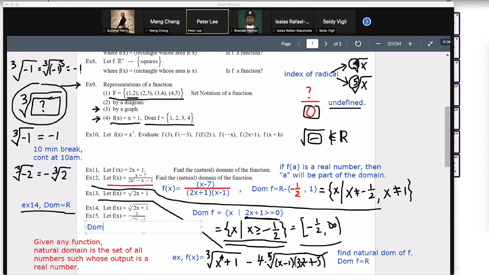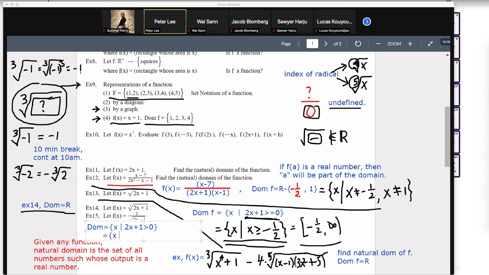The domain is equal to the set of x such that 2x plus 1 must be bigger than 0. Therefore we have to solve that.